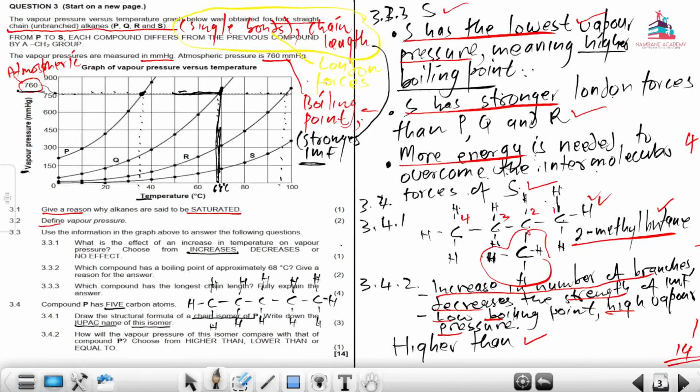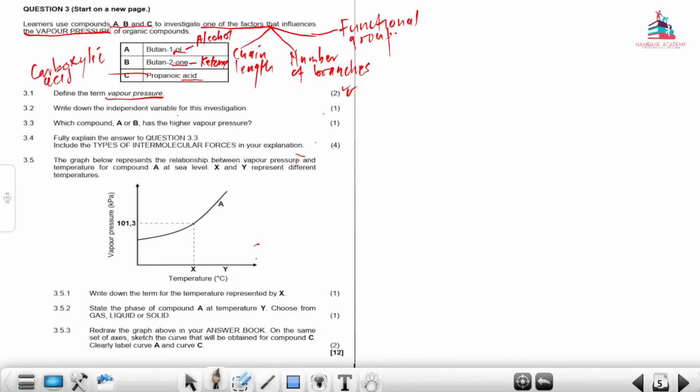So that is how we need now to fully understand the concepts in terms of what is being assessed. So now at 3.2, write down the independent variable for this investigation. Independent variable, remember, it's the one that we are able to change.